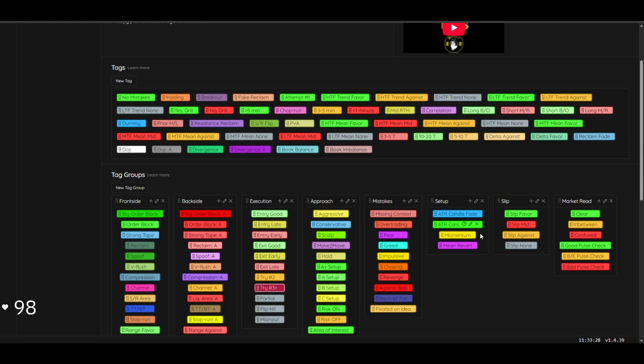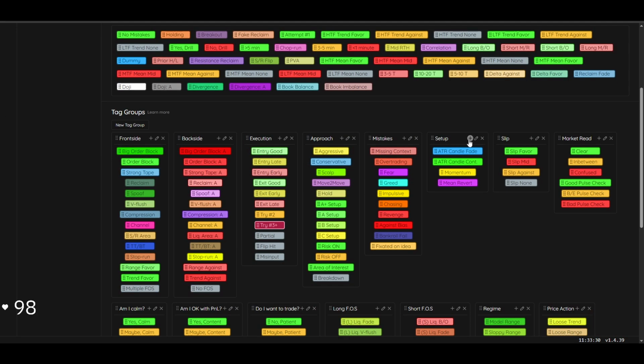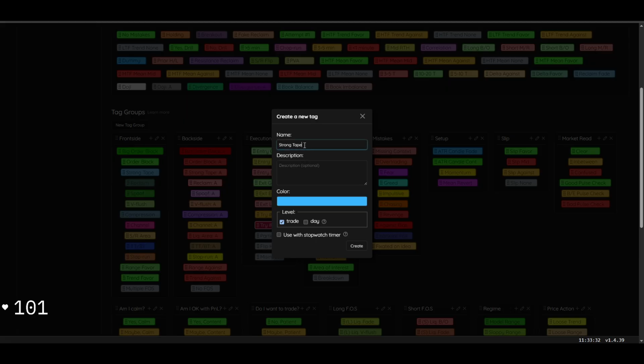I'm actually going to add a tag for that under setup. Is that under setup, or would that be under badges of support? Yeah, I'll put it under volume gap.